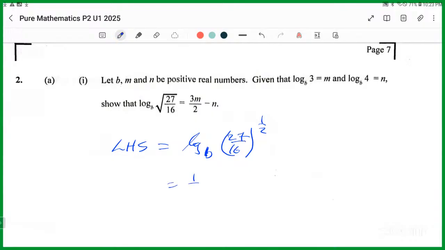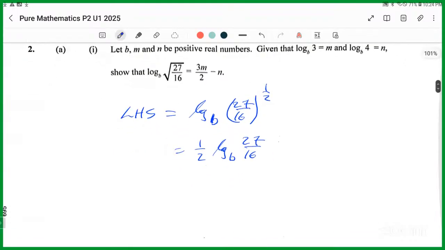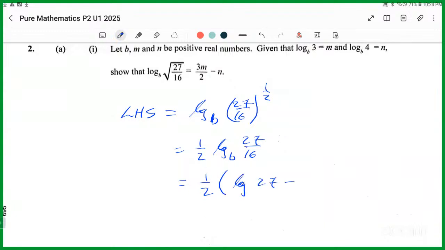So we're going to get half log to base b of 27 over 16. And then when we have this division, we can break it out into a difference. So we get half into log of 27 minus the log of 16, both of them to base b.